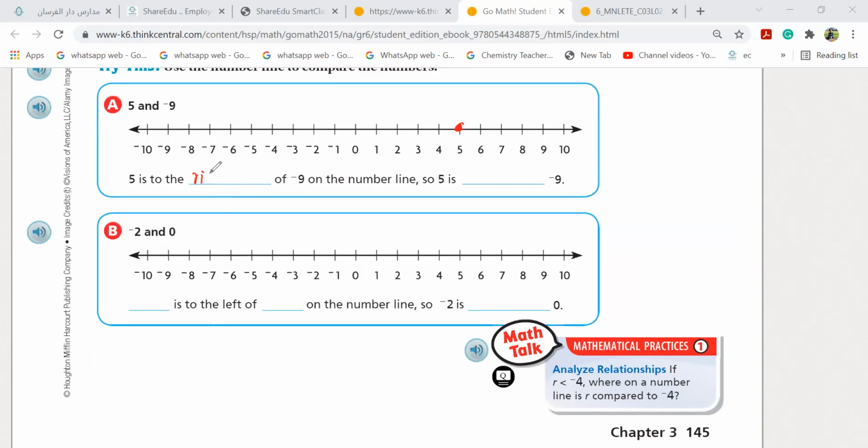It's on the right side when you compare to -9, so 5 is greater than -9. Because it is to the right, it is greater. If it's to the left, it is less. Now compare -2 and 0. -2 is to the left of 0, so that's why it is less than.